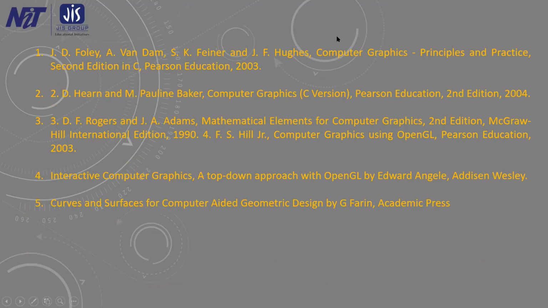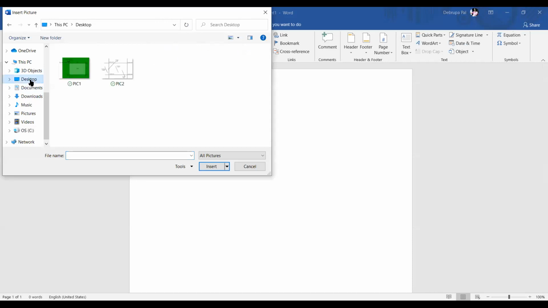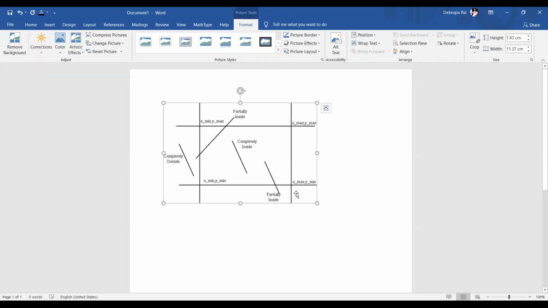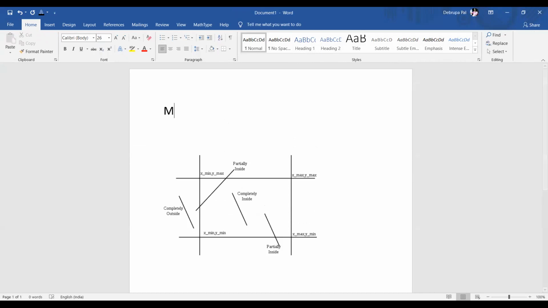Now, let me share the screen so that I can explain the midpoint subdivision algorithm in a better manner. If we look into this diagram, let me write the algorithm name first so that it is clear: midpoint subdivision algorithm.